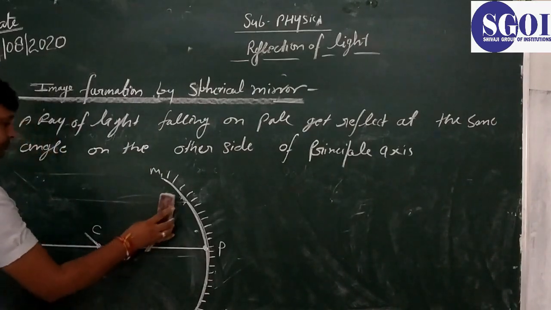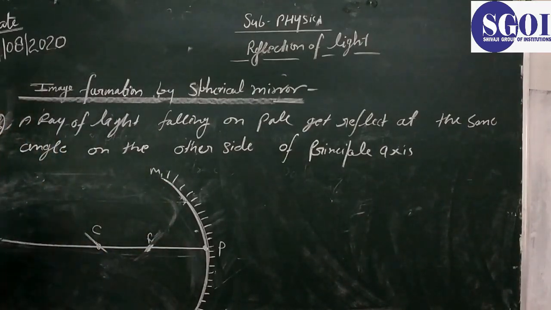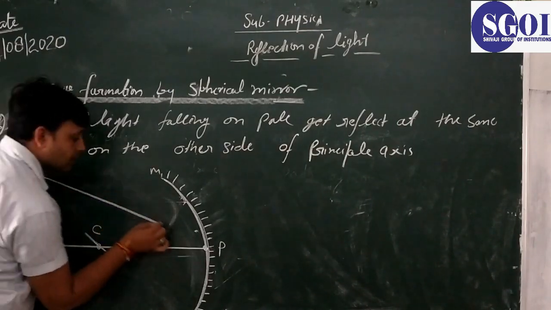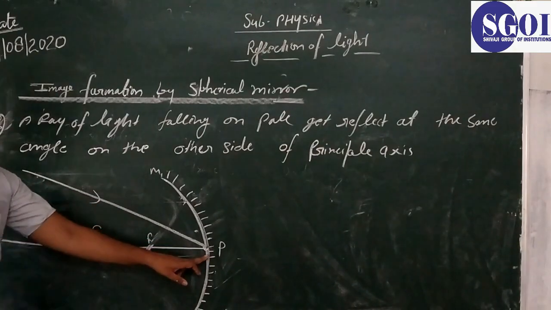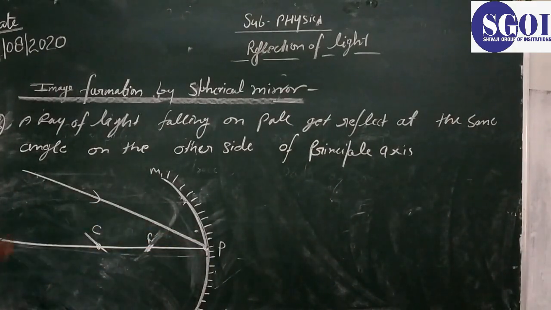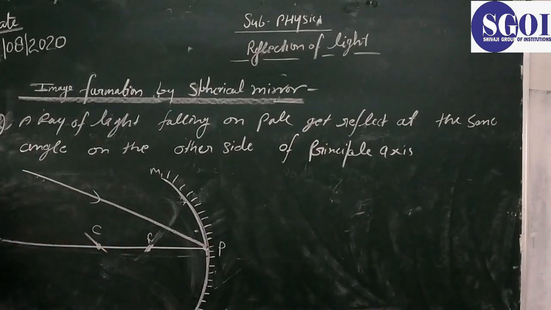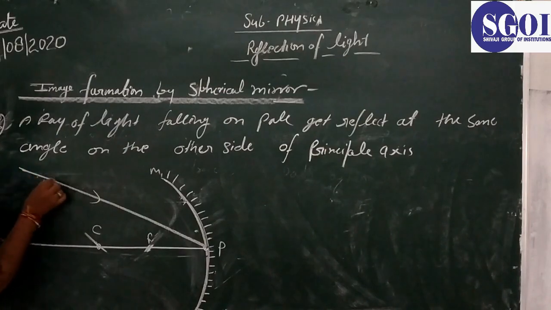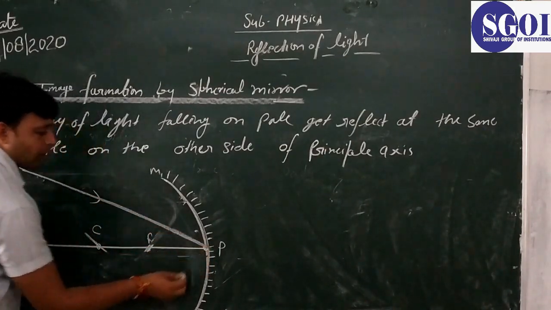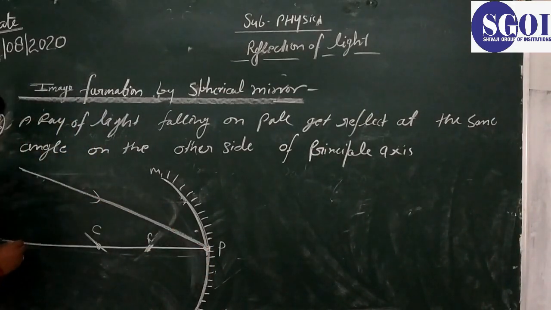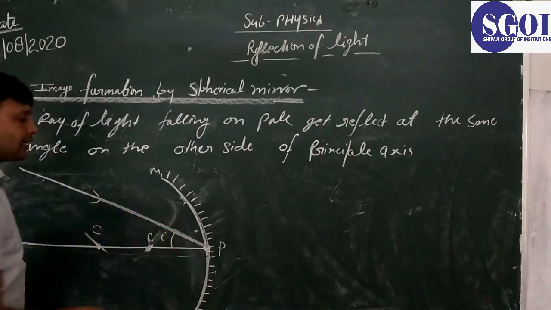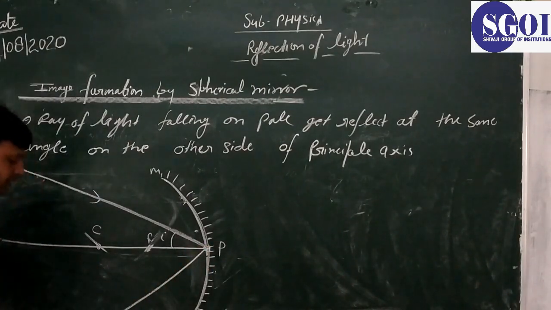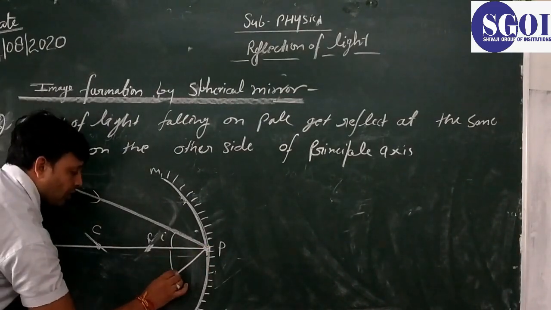Now, the third tip. When a light ray falling on the pole is reflected at the same angle, the angle of the ray incident on the pole is called the incident angle. After incidence, the ray is reflected to this side, and its angle is called the reflection angle.